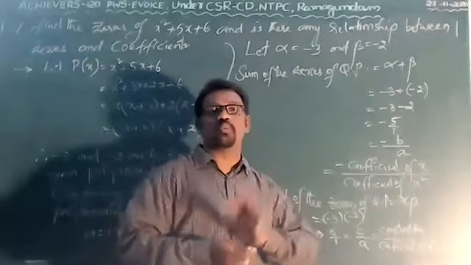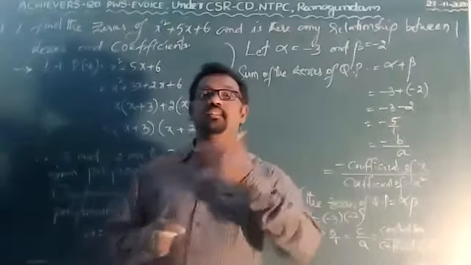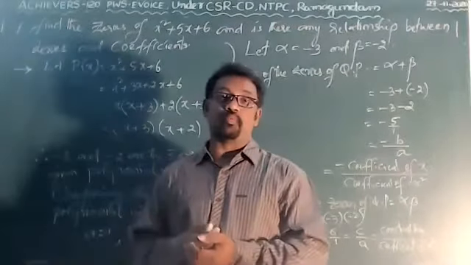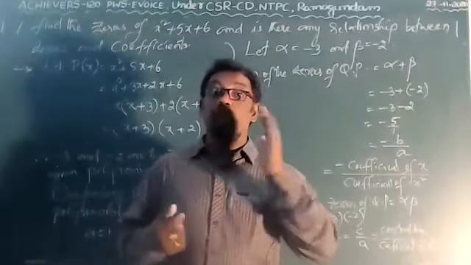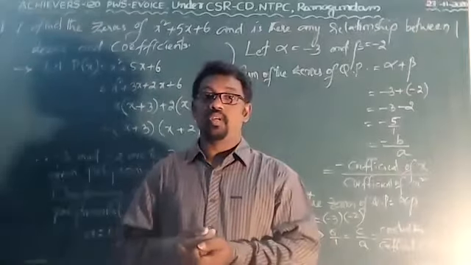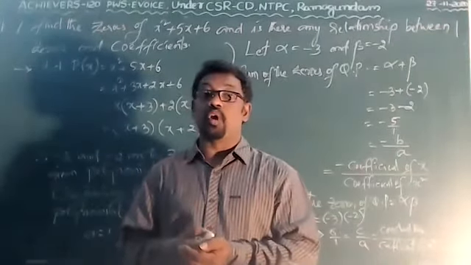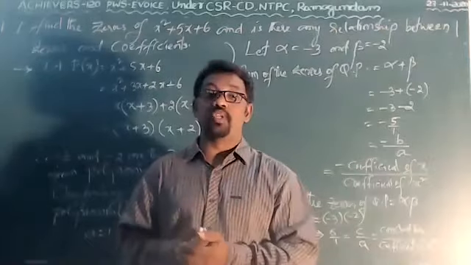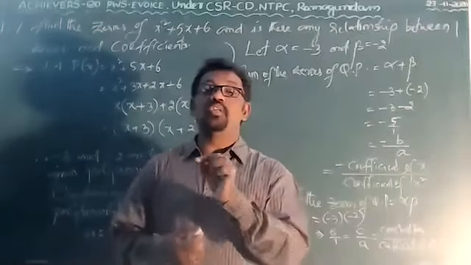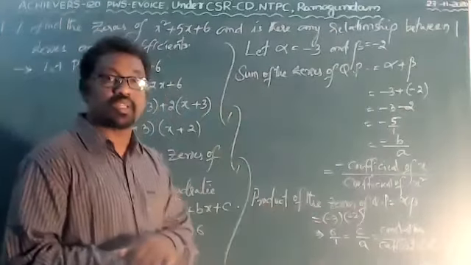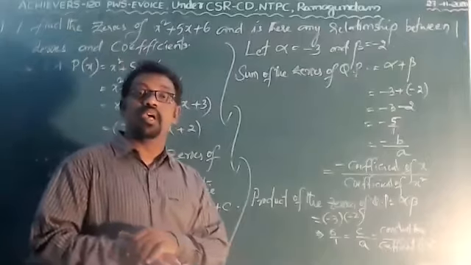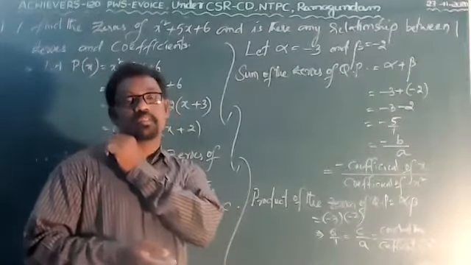So this is the most important one. In 2 marks questions this is important, and 4 mark question is on cubic polynomial, it is the maximum marks. Relationship between zeros and coefficients. Is there any relationship between zeros and coefficients?